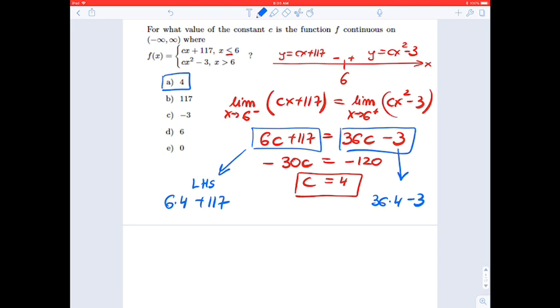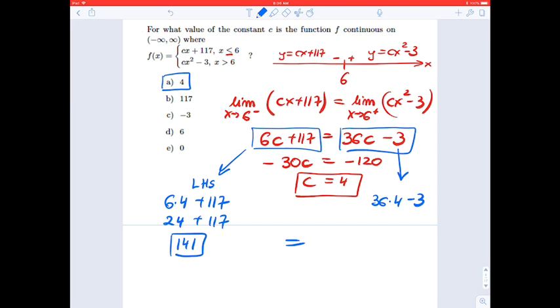Okay, let's do the arithmetic. 24 plus 117 will be 141, I think.